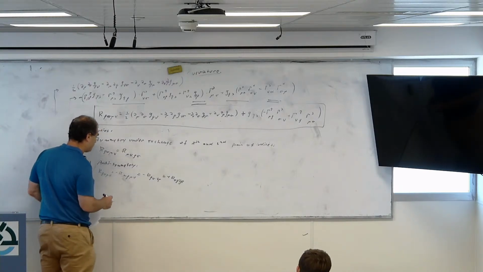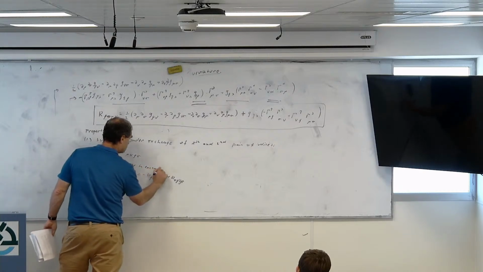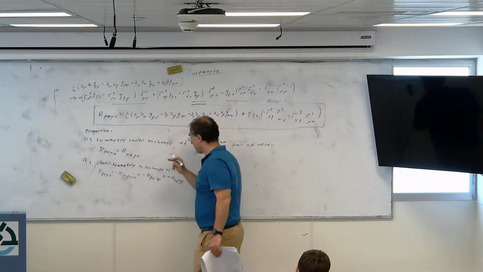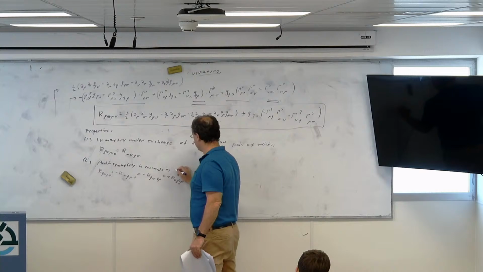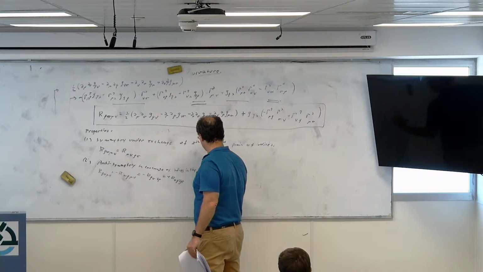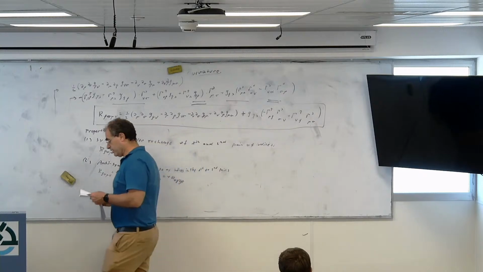Anti-symmetry in exchange of indices in the first or second pairs. Then the third is cyclicity.